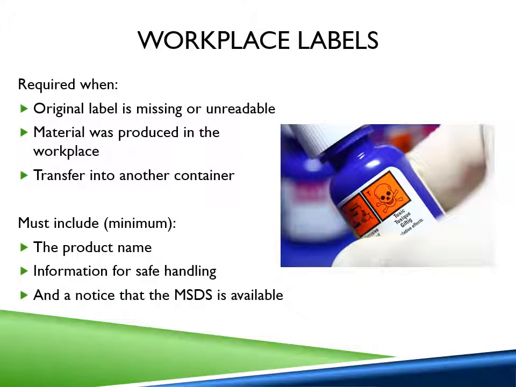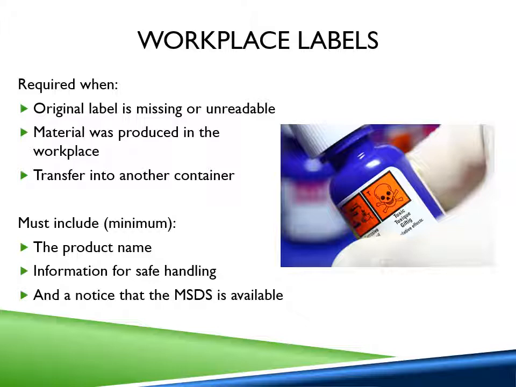In some cases, there is a need for the employer to place a label on a product. If the material always remained in the properly labeled container that it came in, nothing more need be done by the employer. However, in the following cases, the employer is responsible to ensure a workplace label exists. If the original label on the product is missing or becomes unreadable. If the material was produced in the workplace.